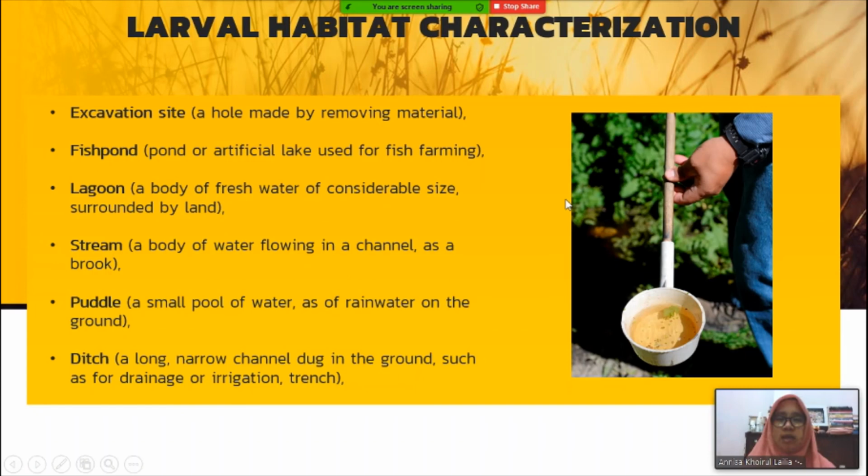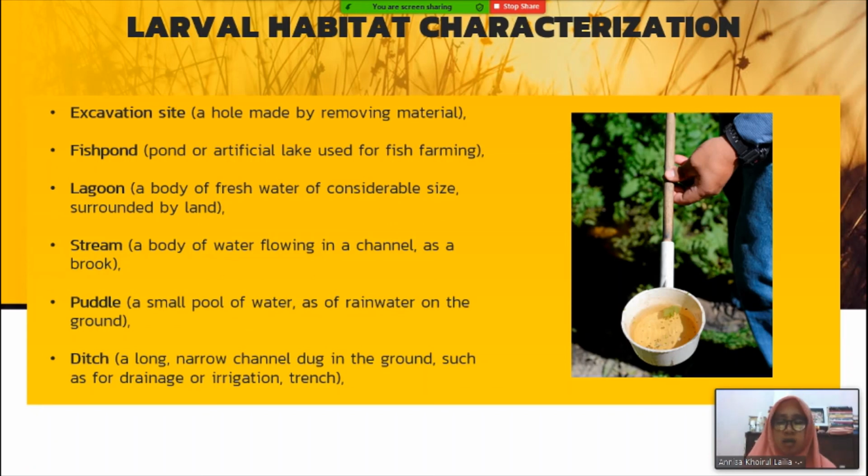Okay, so this is the example of the sites or habitats of the mosquitoes. The first is an excavation site, or a hole made by removing material. Fish ponds, which are ponds or artificial lakes used for fish farming.